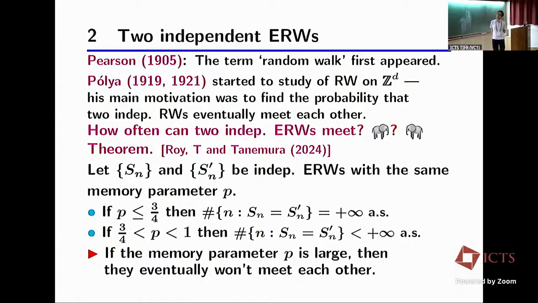The proof of this theorem is quite short, and there is some common feature with our analysis of two repelling random walks. So I will talk about the proof. Please notice that the difference of two elephants is no longer an elephant.